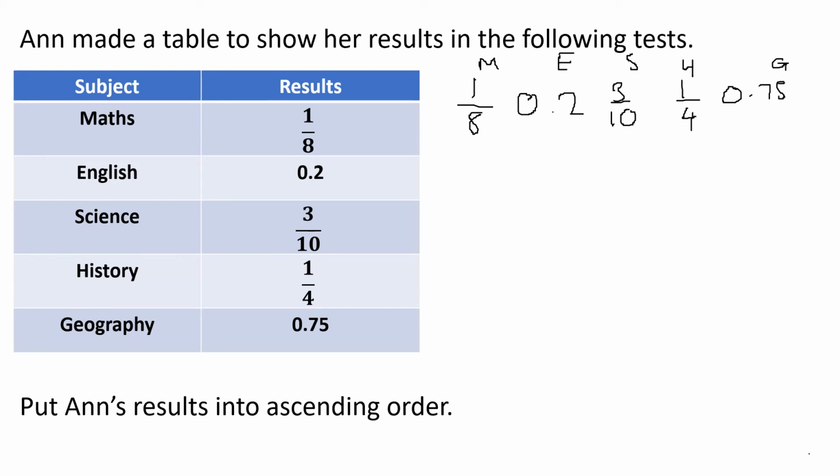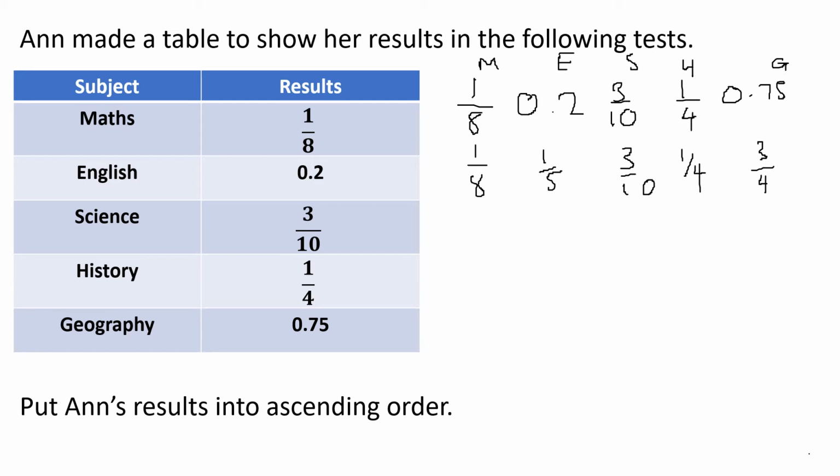Okay, so we need to change our English and our geography into a fraction. So we can actually rewrite 0.2 as a fraction as 1 over 5. Don't need to do anything for science and history because they're already fractions. And then geography, 0.75 is actually 3 over 4 as a fraction. So now they're all in fractions.